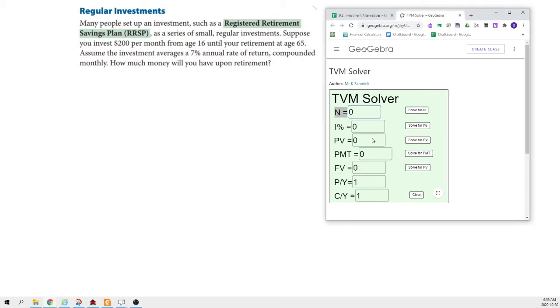So we're going to have 65 minus 16 years times 12 months. So 588 months, 588 deposits until you retire.